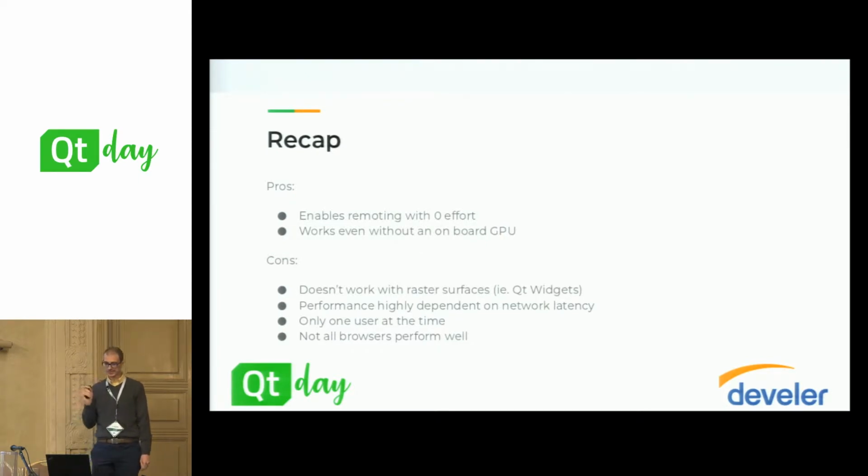The performance is highly dependent on network latency only. The bandwidth is not so much after the first connection. So whenever you connect, the browser will download textures and all the assets it needs, and then it only needs updates. So it is sensitive to network latency, but it doesn't require much bandwidth after the first connection.